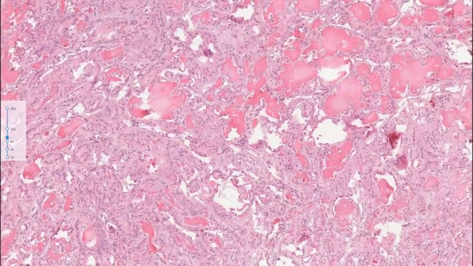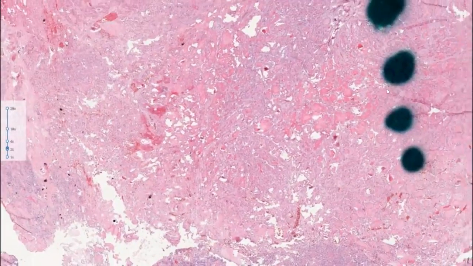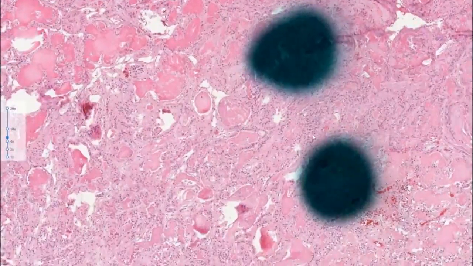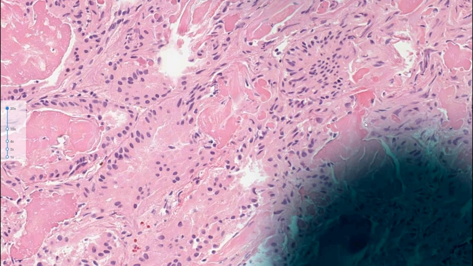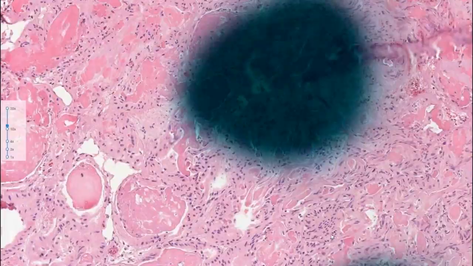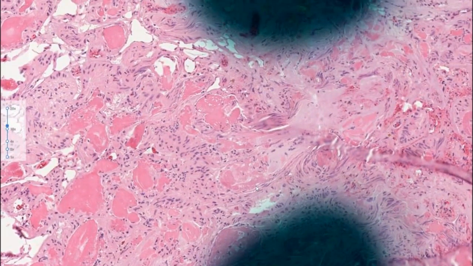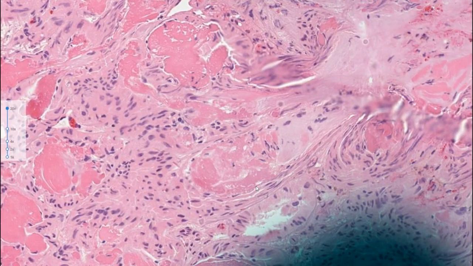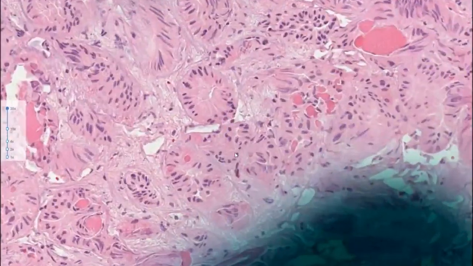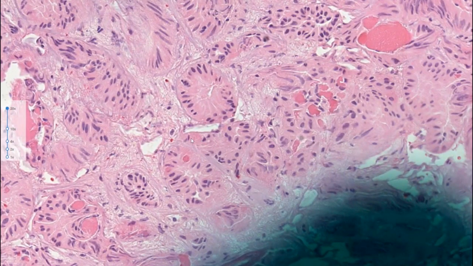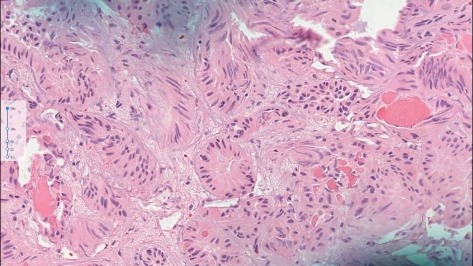We have some hyaline deposition here. And we have even some dots. And probably we're starting to see some mitotic activity.